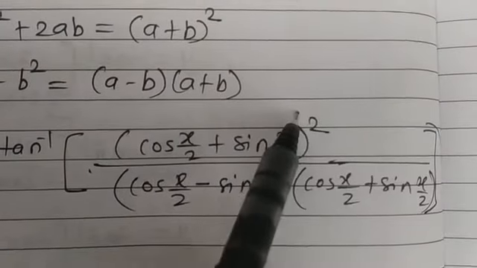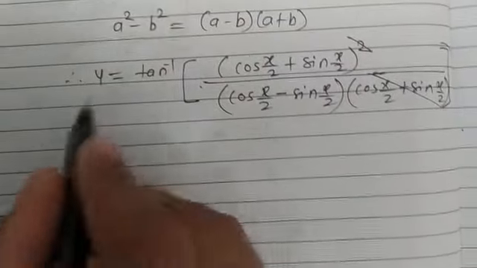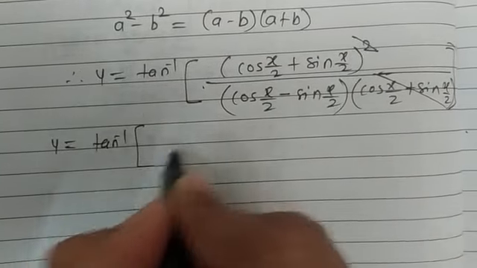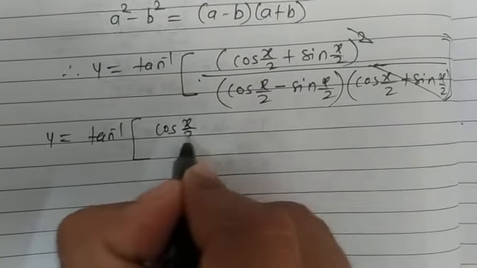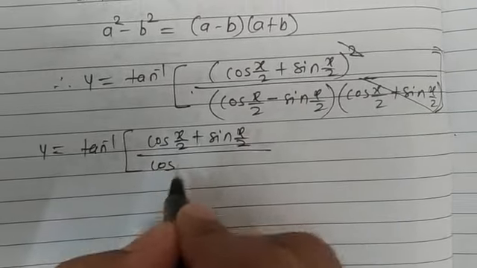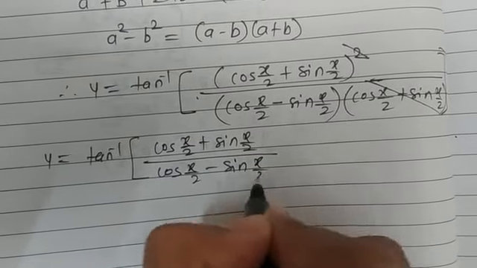So this one (cos x by 2 plus sin x by 2) gets cancelled, and the remaining term is tan inverse of (cos x by 2 plus sin x by 2) upon (cos x by 2 minus sin x by 2).